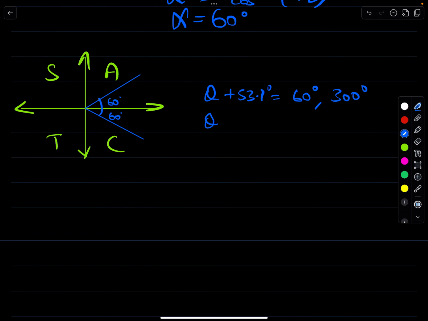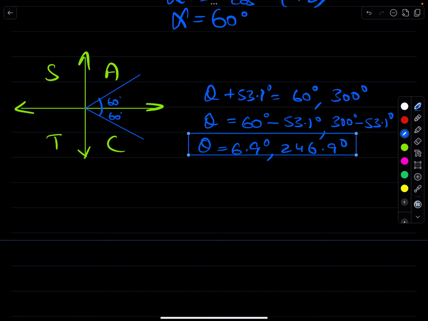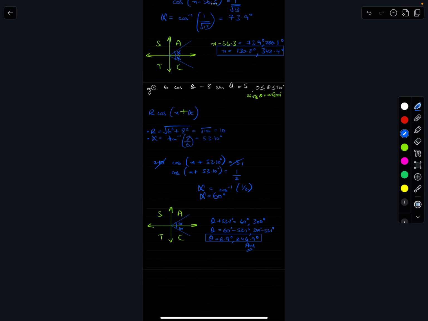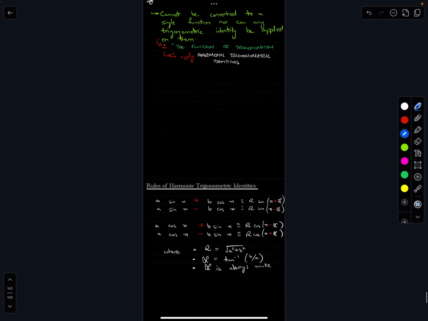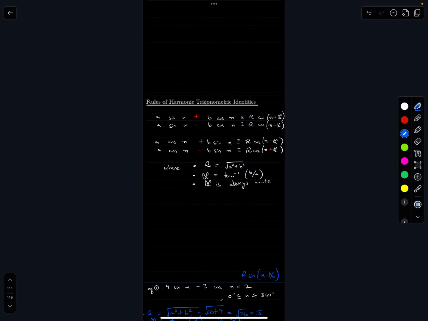So solving for theta would give me something like this. Just a second. And this is our final answer. These are our two final answers which fall in the range. So we are done with 4 examples and all types of harmonic trigonometric identities which could be applied.